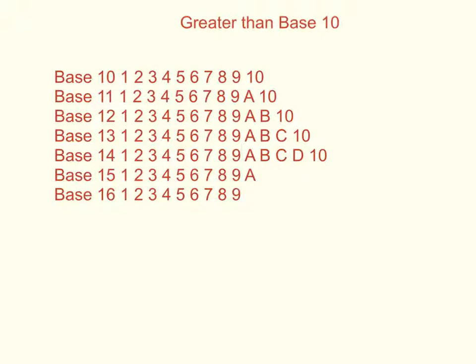Yep, A, B, C, D, E, 10. And then base 16, which is our hexadecimal color chart base number for the different colors, which we'll talk about in the next slide. The specifics of that would be A, B, C, D, E, F, 10.